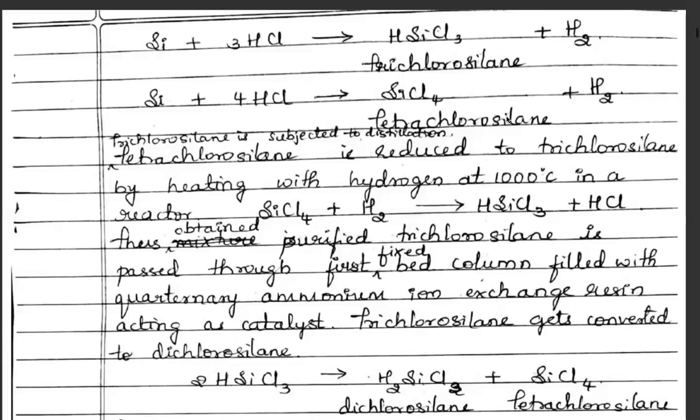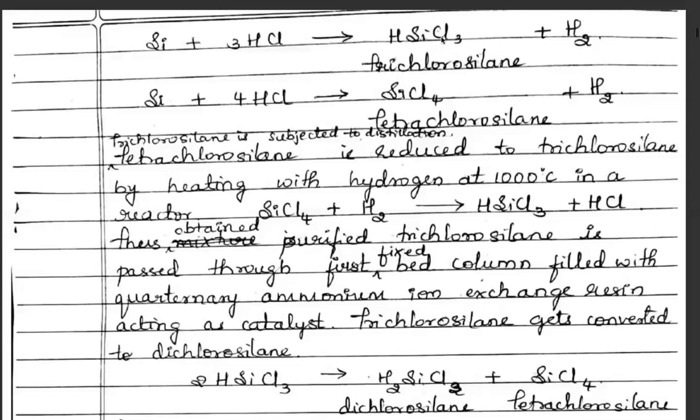I got a notification that only 9 minutes is remaining. In case it gets disconnected, we'll reconnect because we have to complete this. So, treat the metallurgical grade silicon with dry HCl at 300 degrees centigrade. We get the major product as trichlorosilane, and a small amount of tetrachlorosilane.